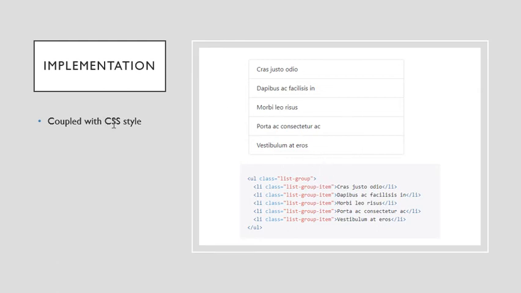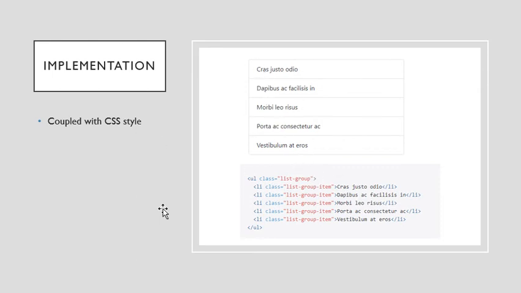Then this is how lists are normally used. We normally use lists with a CSS file, or we implement them with styles. When we implement styles, you can see that the list is displayed within blocks.